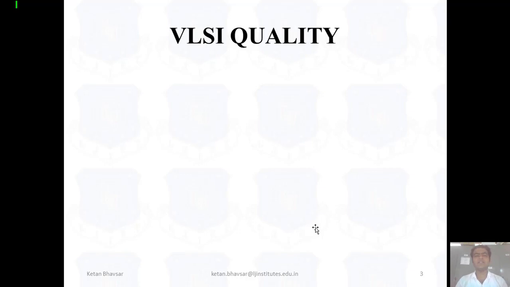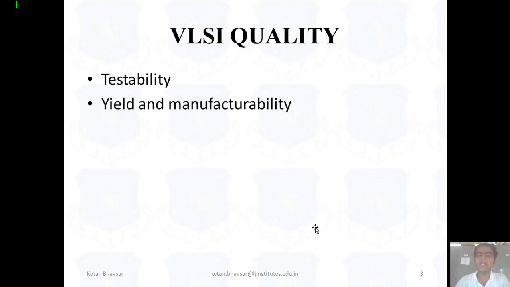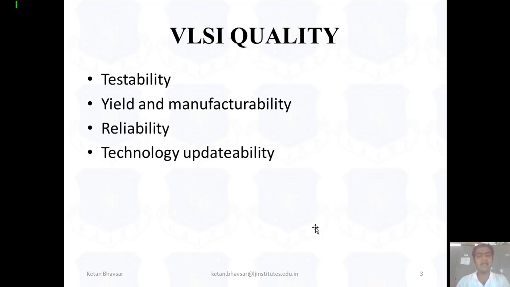Now VLSI quality. The quality is generally dependent on 4 parameters: testability, yield and manufacturing ability, reliability, and technology updatability. If you go into the market and purchase any component or gadget, the quality of that gadget or component depends on these parameters.